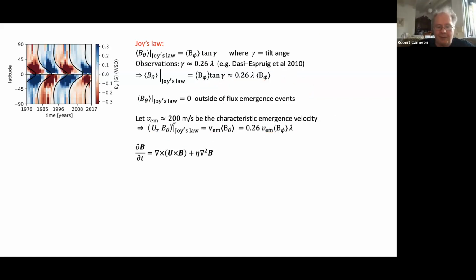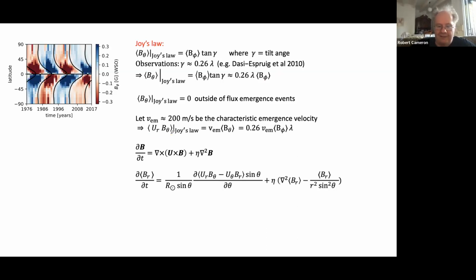Why do we care? Well, this U_r B_theta appears here. If you just take the induction equation and look at the azimuthally averaged r component, which is what we observe in the radial magnetic field butterfly map, then it has a contribution coming from flux emergence.